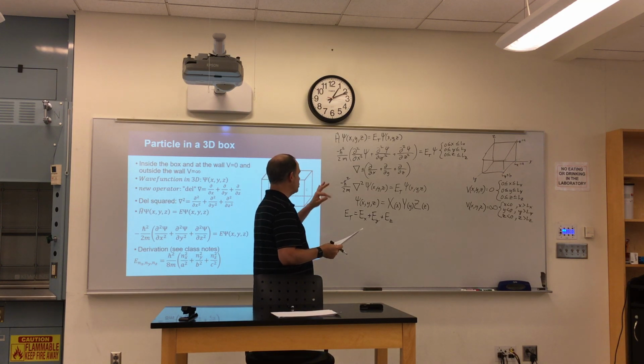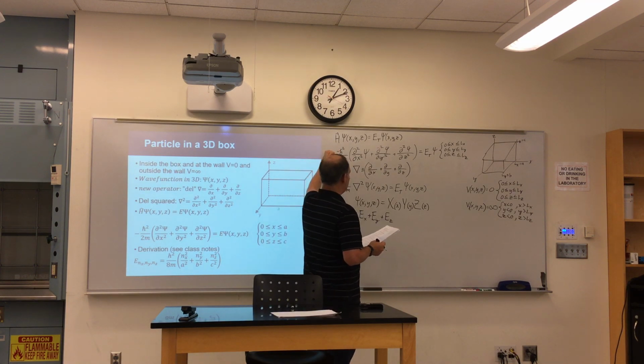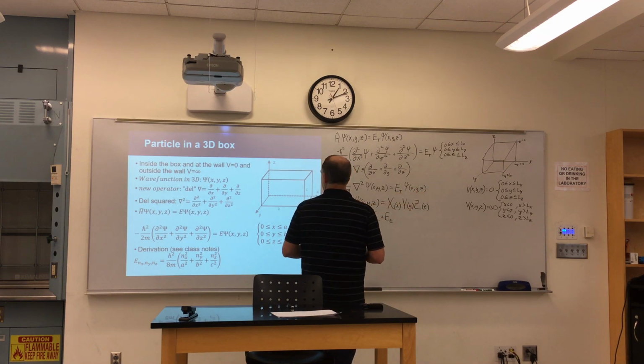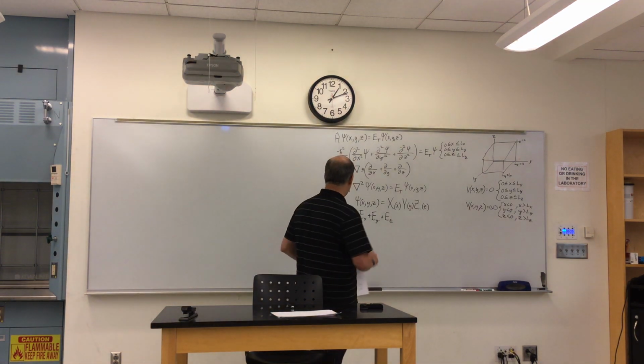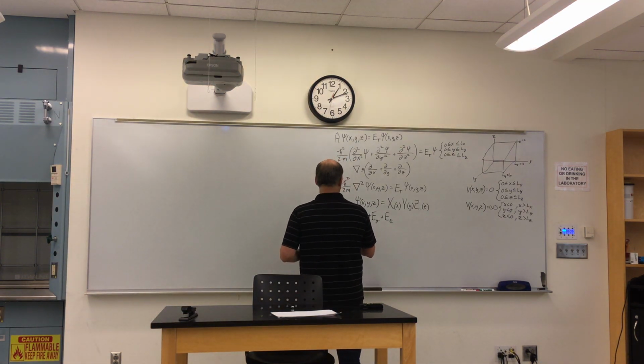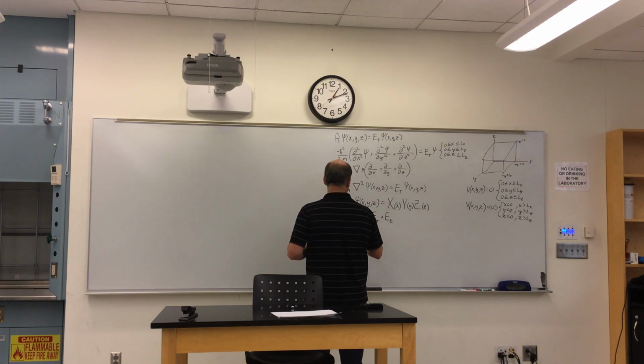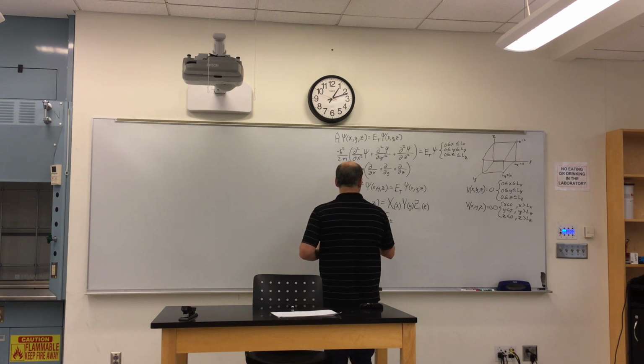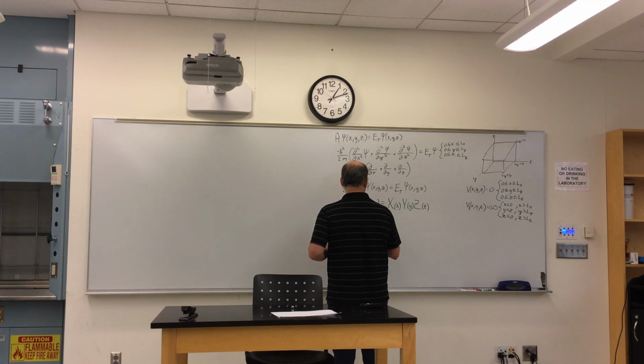Okay, so writing out this function up top using our separation of variables, we would get minus h bar squared over 2m, the second partial derivative with respect to x of X(x), Y(y), Z(z).